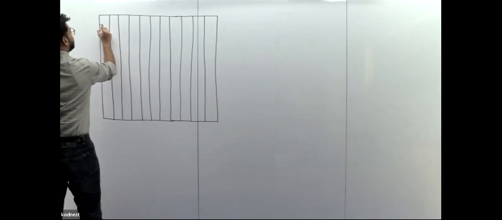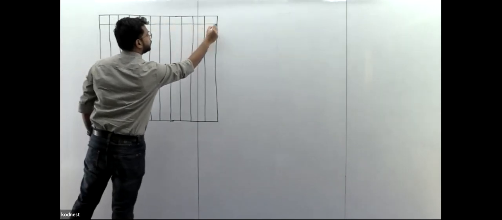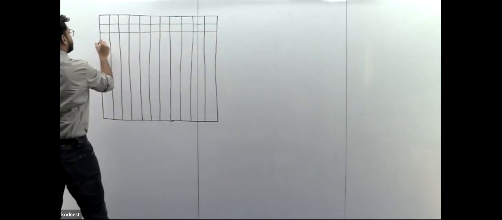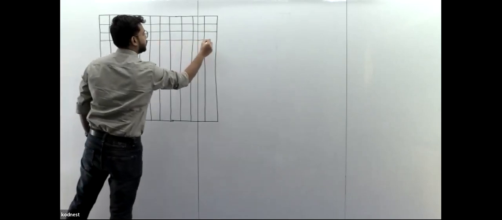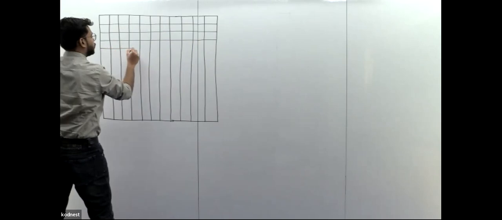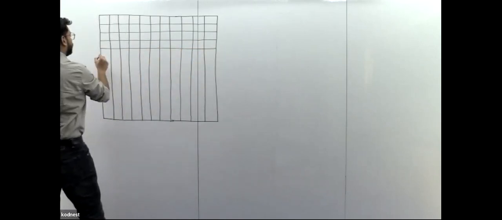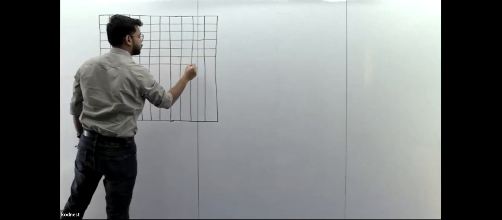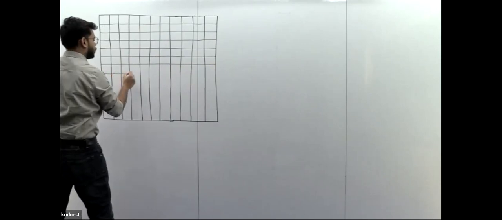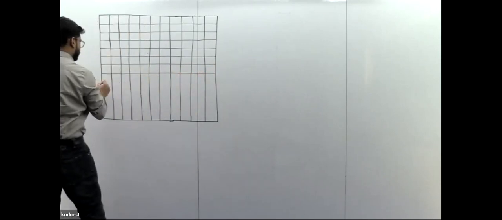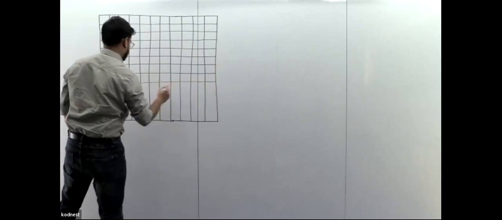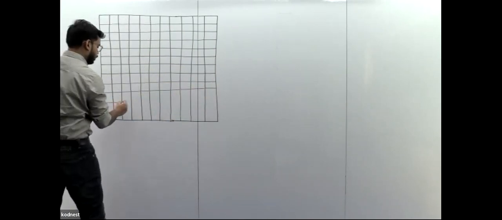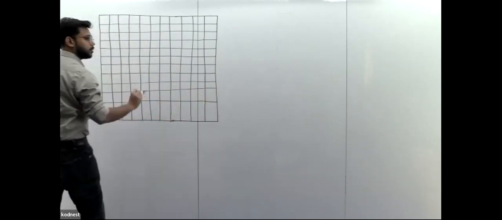So this is the 0th row, this is the first row, second row, third row, fourth row, fifth row, sixth row, seventh row, eighth row, ninth row, and 10th row.